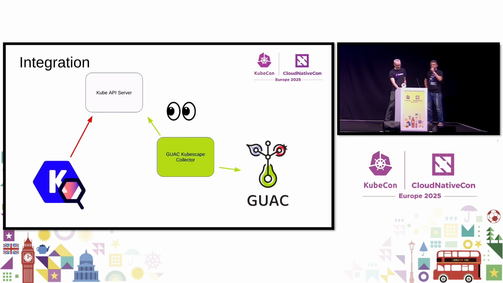As Ben mentioned, Kubescape puts all the SBOMs into the API server as custom resources. So the collector is just a simple Kubernetes client that watches the API server for those SBOMs as they appear, and then automatically uploads and ingests them into the GUAC system that you have running. Pretty straightforward.